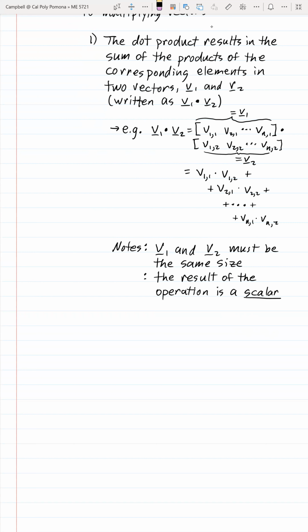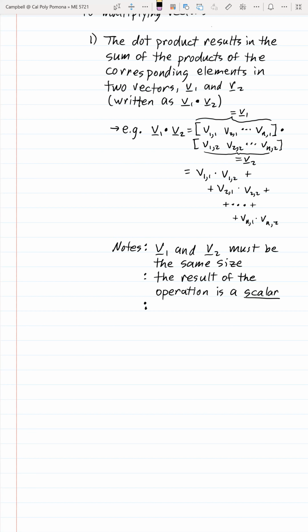That's pretty obvious from the definition, because we're multiplying scalar quantities together and then adding those products together. Of course, we're going to end up with just one value, a scalar.